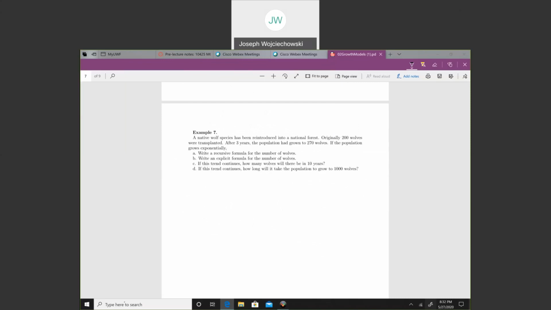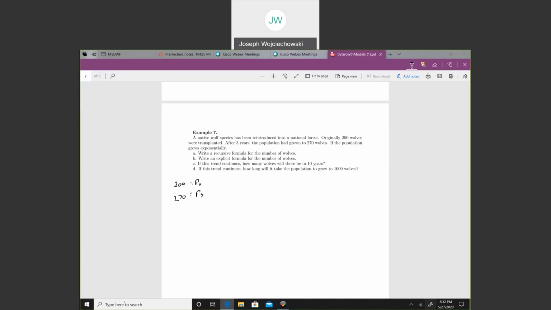Okay, same type of problem. We have a native wolf species introduced. Originally 200 wolves. That's p sub 0. After 3 years, so p sub 3 is equal to 270. If the population grows exponentially, what is a recursive formula for the number of wolves?